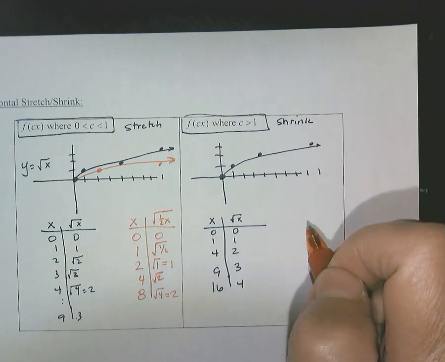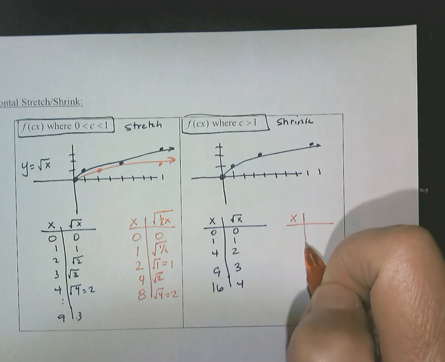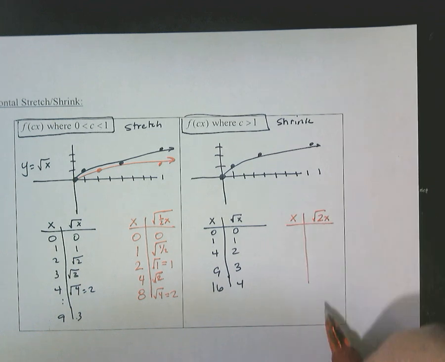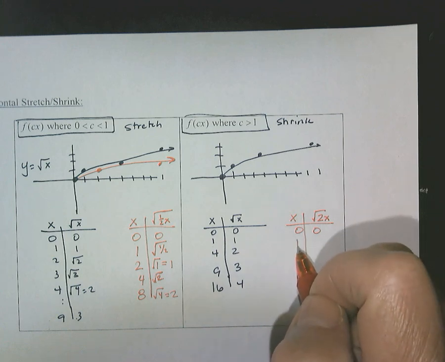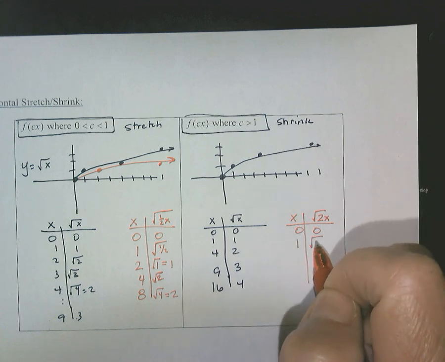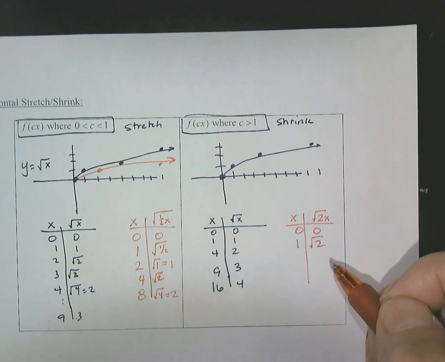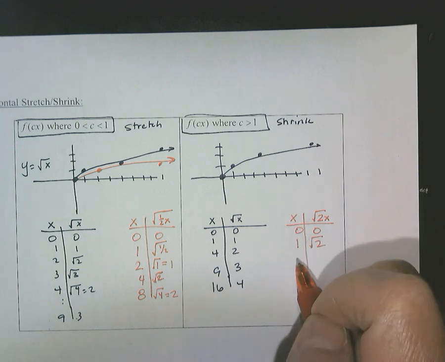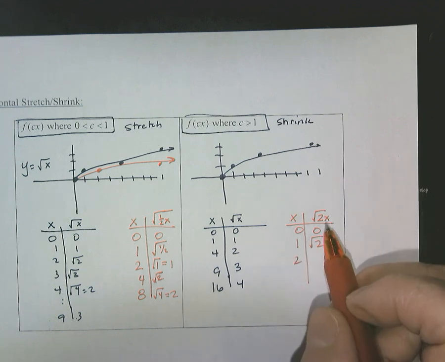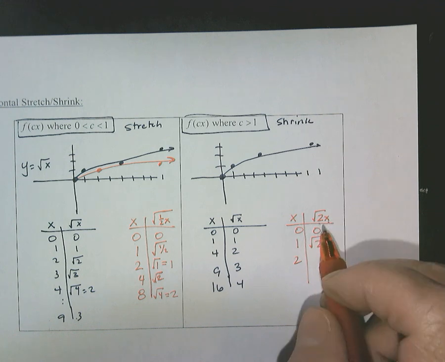Now let's look at this as the square root of 2x. So 0, 0 is still the same point. For 1, I have the square root of 2, not a very good point to plot. If I put a 2 in for x, 2 times 2 is 4, the square root of 4 is 2.